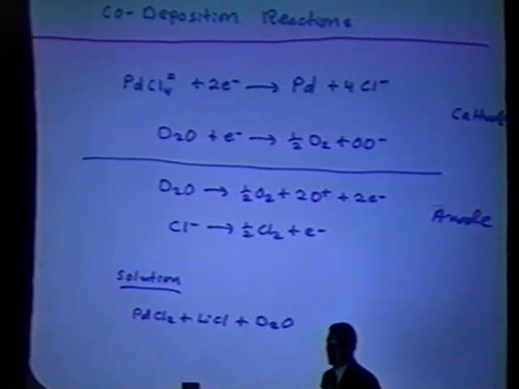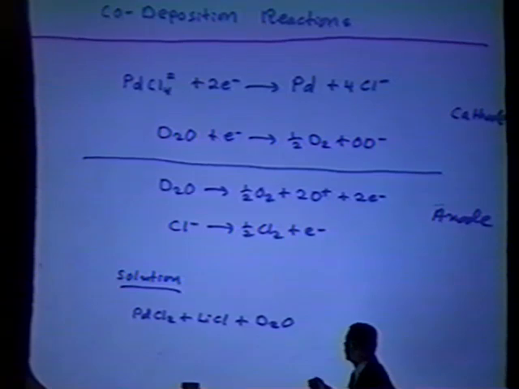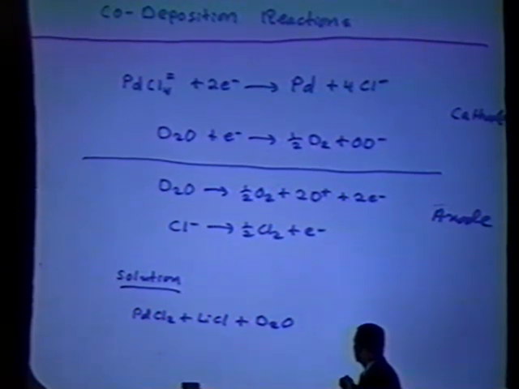You don't have any palladium except in solution at the beginning, and you plate it out onto copper. At the same time you're plating it out, you're electrolyzing D2O and depositing deuterium into the palladium, or maybe it comes off as a gas. That's why I call it co-deposition. Depositing palladium and deuterium at the same time.